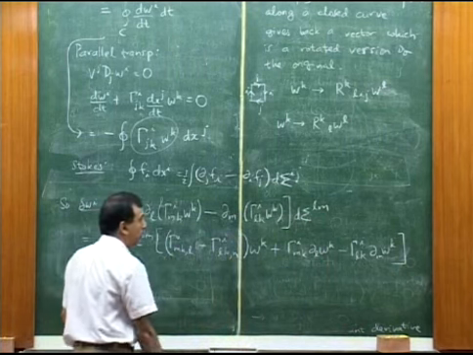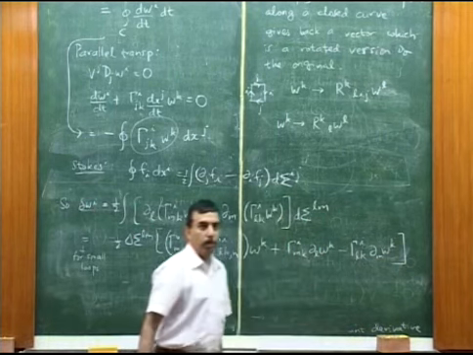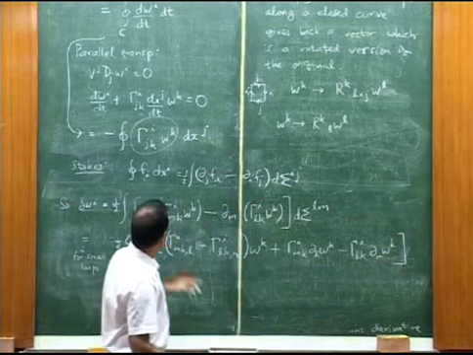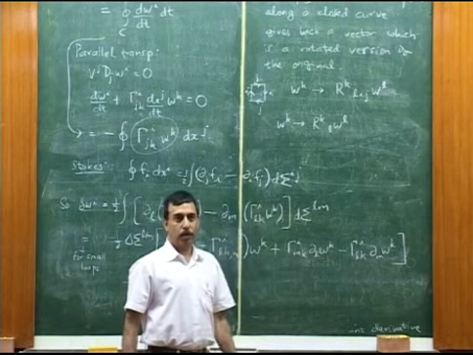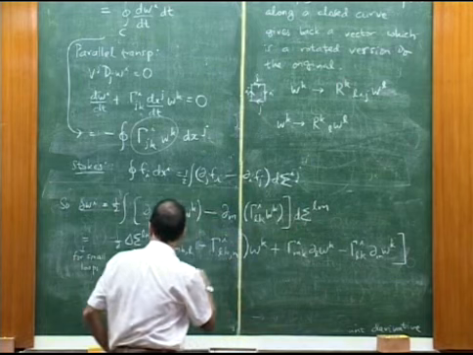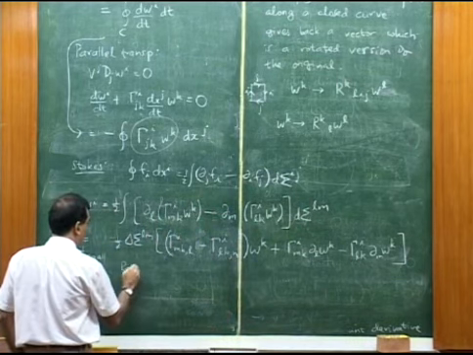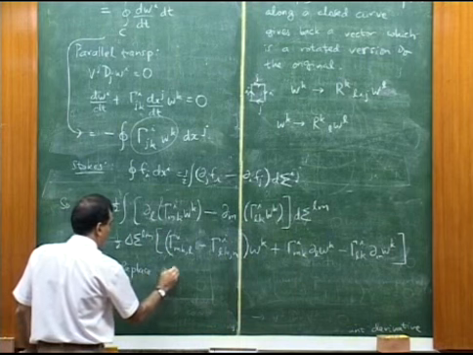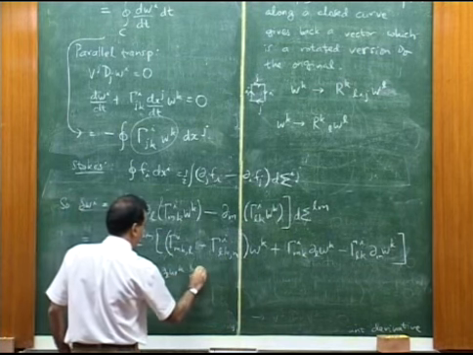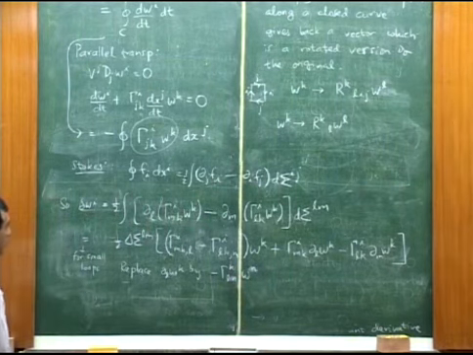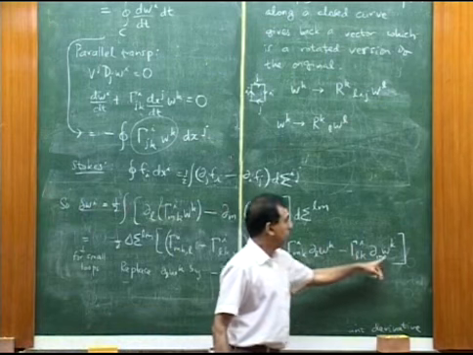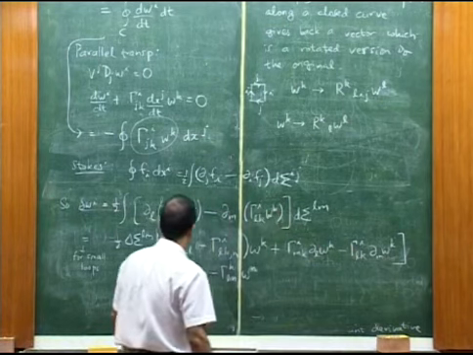Now notice that the last 2 terms again depend on derivatives of W, and these are derivatives along the directions L and M, which are the directions in which it is being parallel transported. So I can replace ∂_L of W^K by minus Γ^K_LN W^N, because again I use the parallel transport equation for these 2 terms.